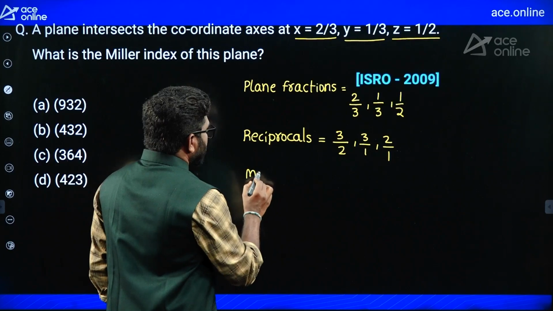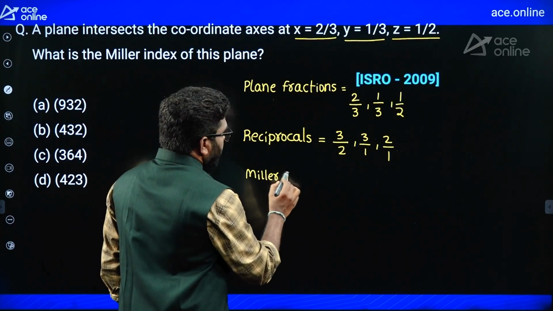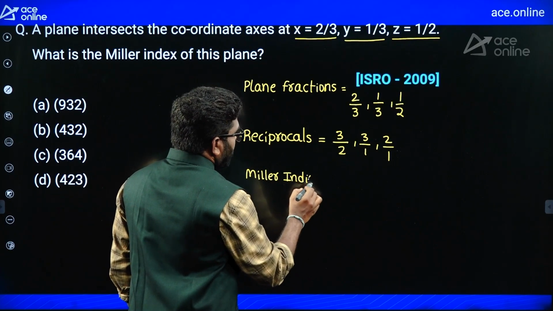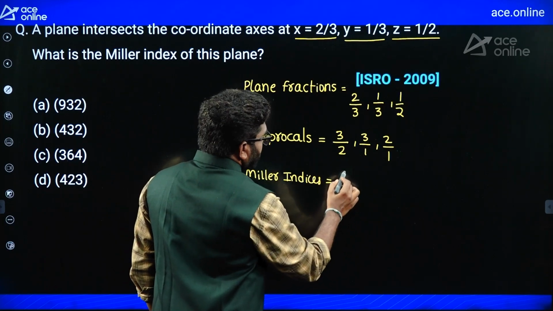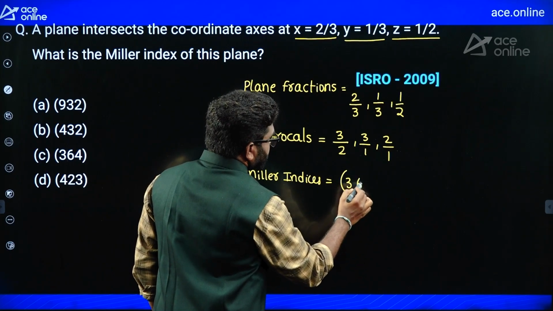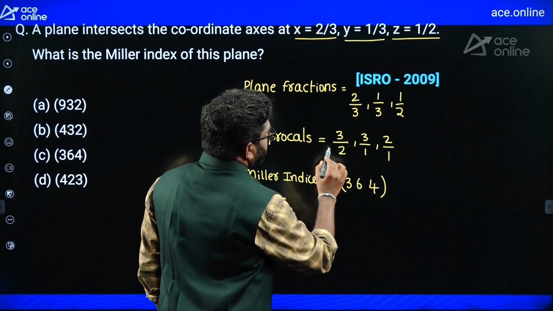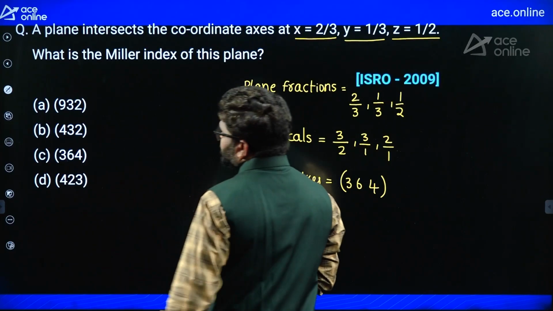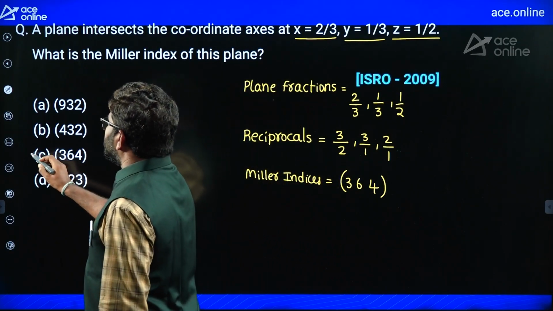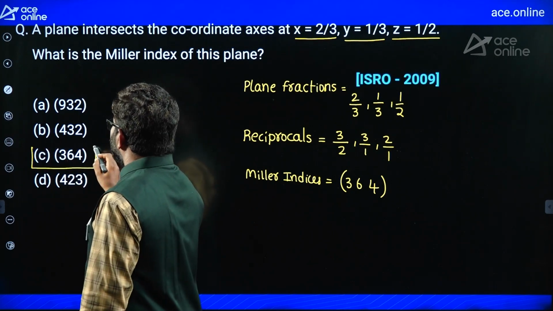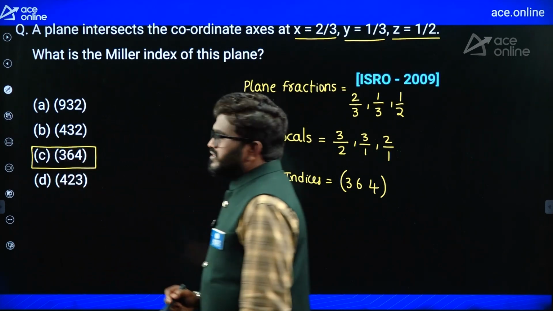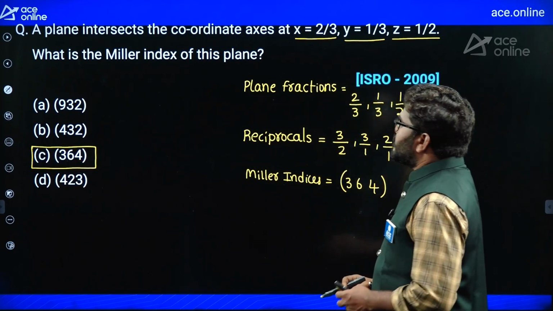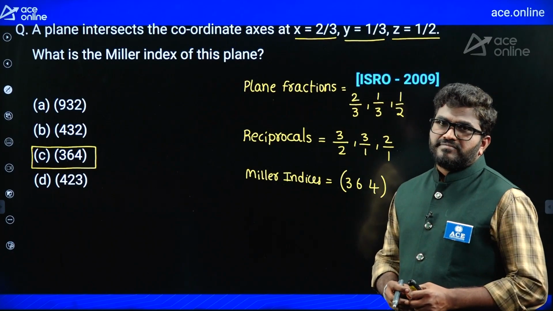So the Miller indices are 3, 6, 4. I am multiplying with 2. So 3, 6, 4 is the correct answer. So C is the correct answer for this question. Right?